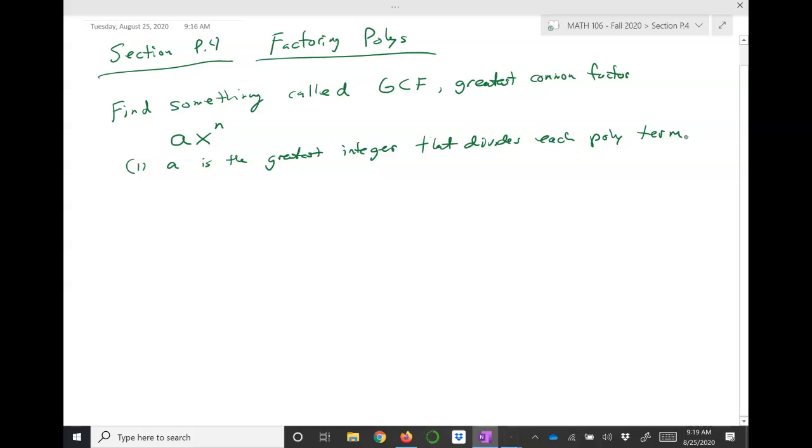So greatest integer that divides each polynomial term. And then n is the least exponent of x found in every term.